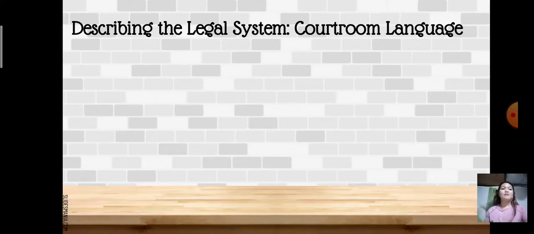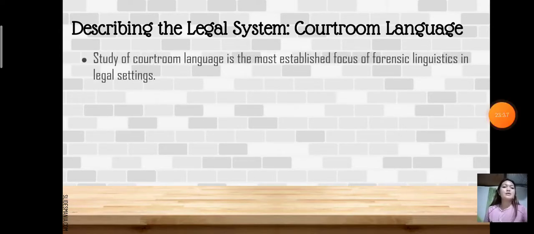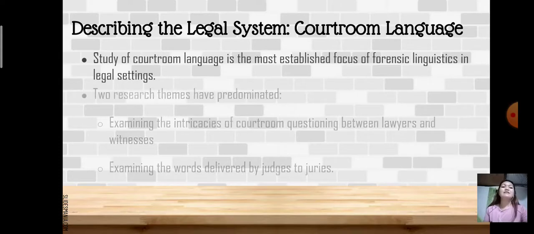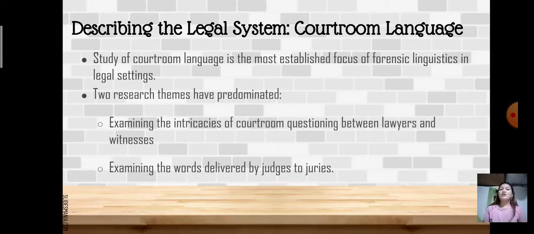So next is the courtroom language. When we say courtroom language, forensic linguistics is merely focusing on the courtroom language, especially in the legal setting. So there are 2 research themes in courtroom language.